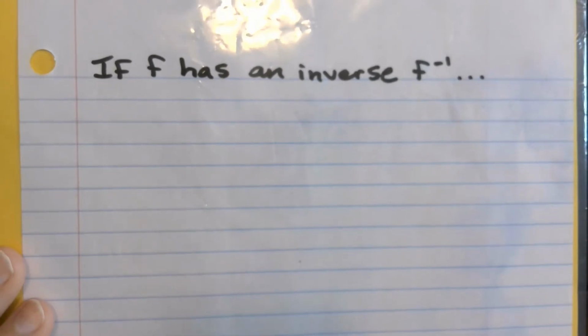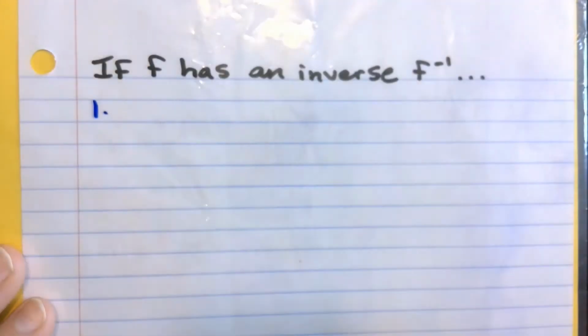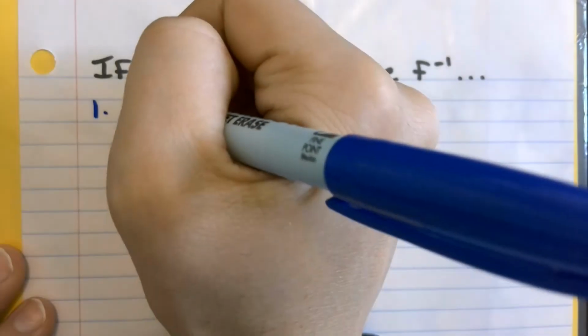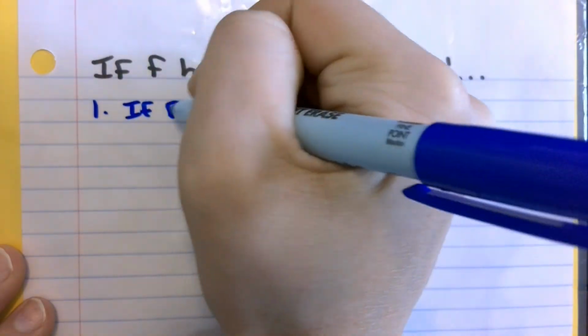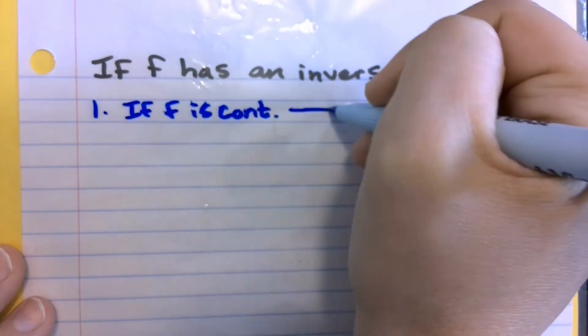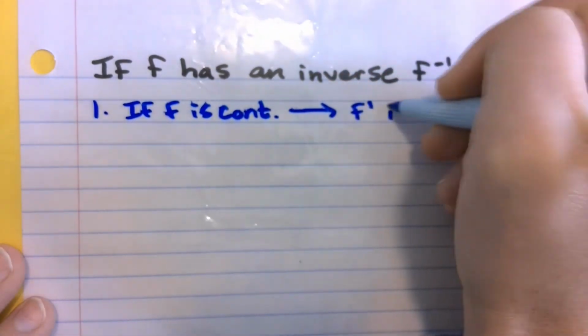Adding in some basic calculus things that we would need to know before we go further here. If f does have an inverse, f inverse, then we are guaranteed certain things about continuity, differentiability, and it all is pretty straightforward. So if f is continuous, then f inverse is continuous.